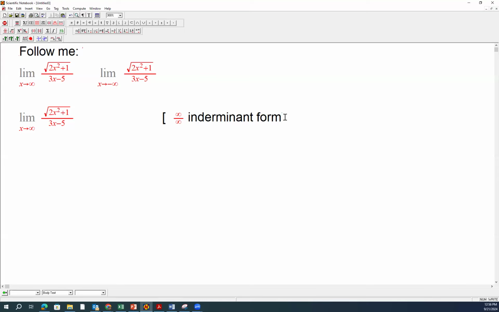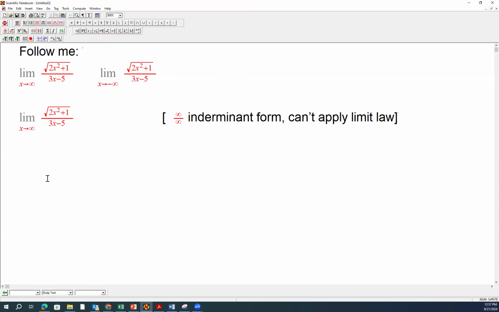We're going to learn this in future chapters. We don't know what it equals. It could equal a constant, it could equal infinity, it could be any number you want. So we cannot apply the limit law.